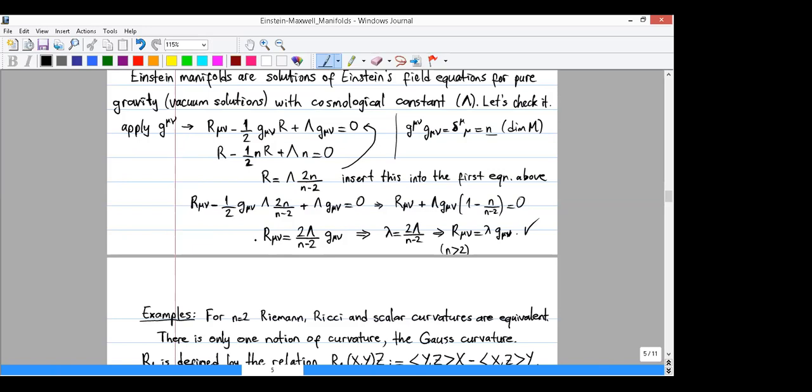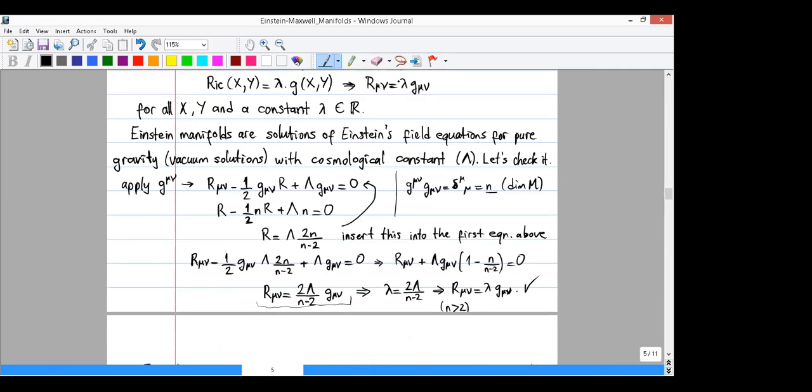So this is the relation between the Ricci tensor and the metric tensor, 2 lambda over n minus 2. And according to our definition, we have a small lambda, and that is just 2 capital lambda over n minus 2.